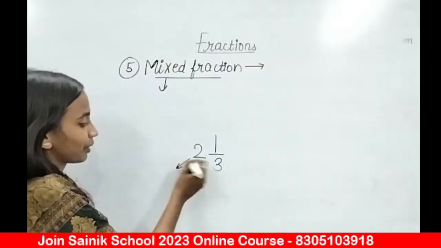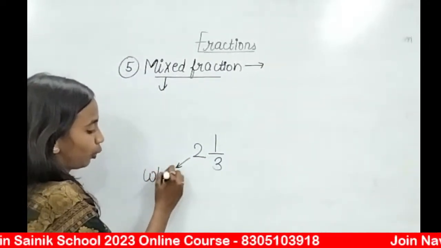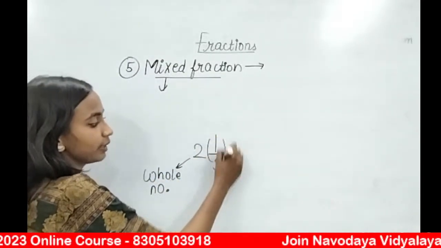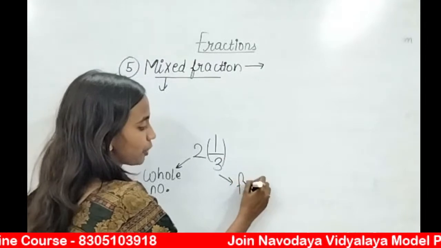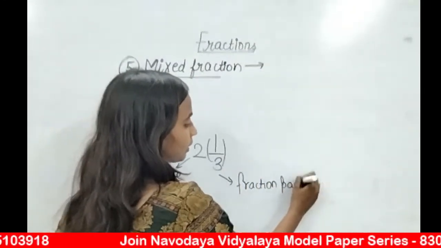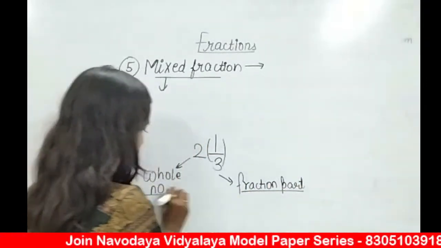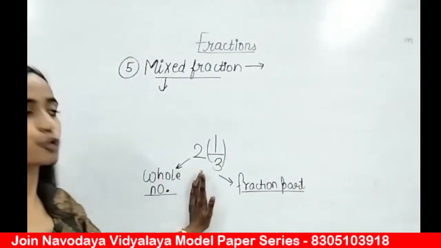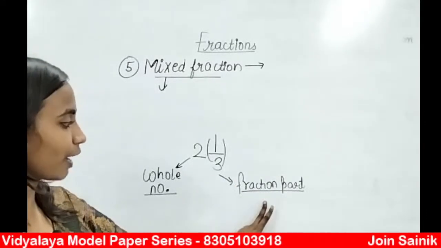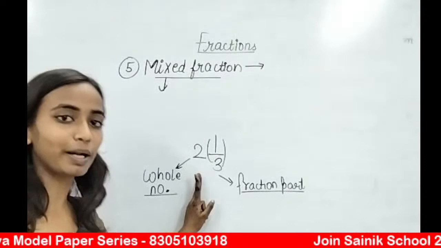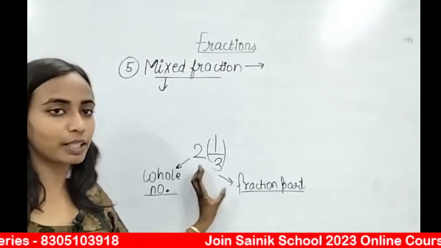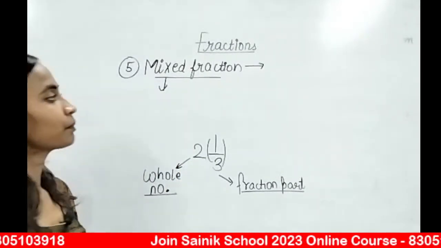Look here. 2 is a whole number. 1 by 3 is a fraction part. So can we say that 2 1 by 3 is actually a combination of whole number and fraction? Because it contains a whole number, at the same time it contains a fraction part. So there is a mixture of both of them. That's why we are calling it a mixed fraction.